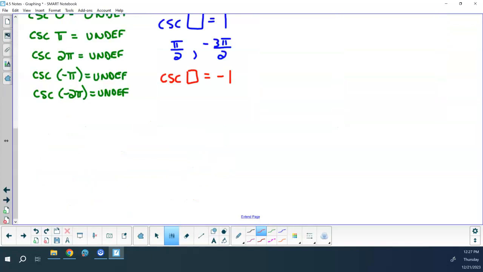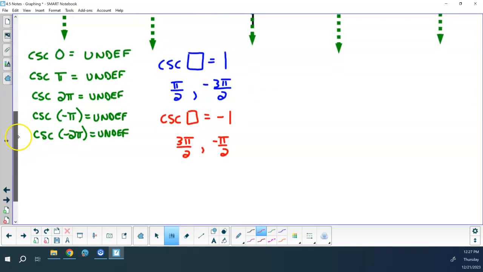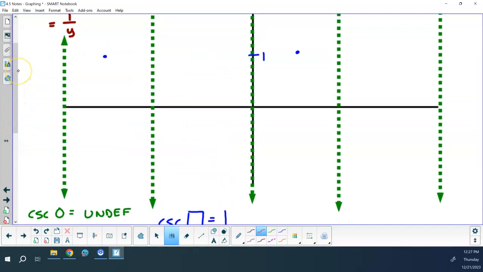Where is the cosecant equal to negative 1? 3 pi over 2 and negative pi over 2. So we can put those two on there.